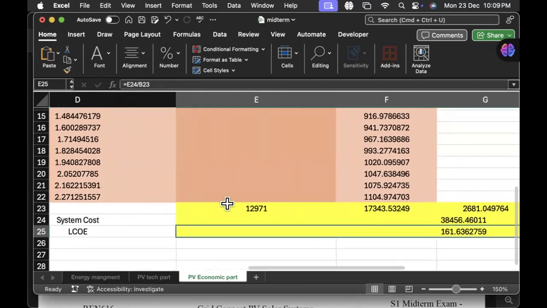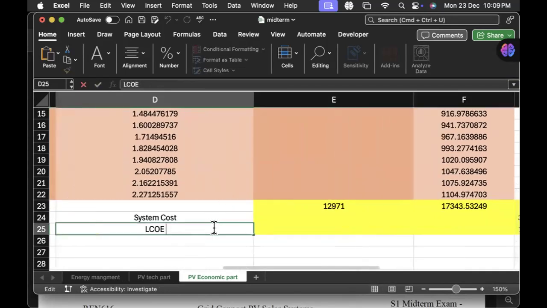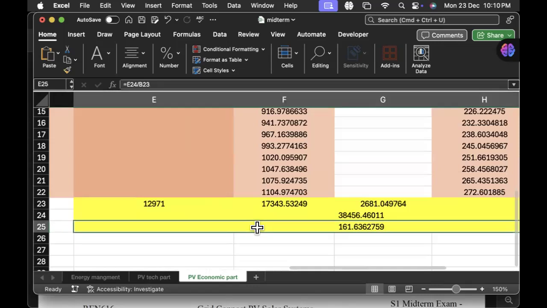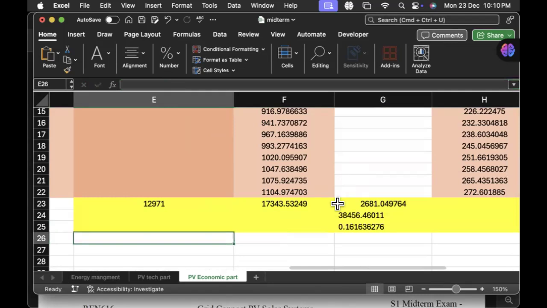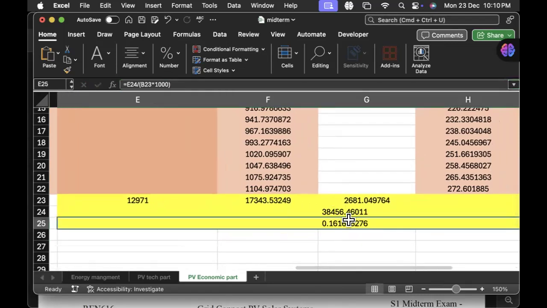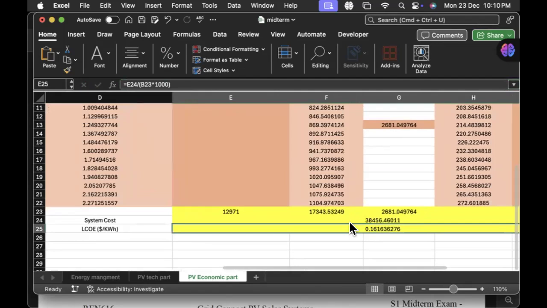So in order to make it dollar per kilowatt hour, you have to open a bracket here and then divide by 1,000. And you can find that this is typically 0.16, which is something amazing.